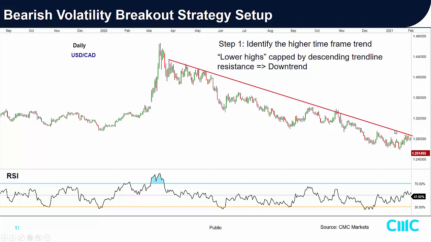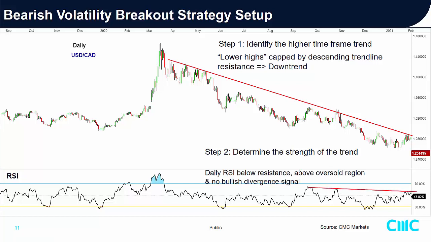Then the next key step, we ask ourselves, is this downtrend losing strength? We determine the strength of this downtrend by looking at the daily RSI, which is a gauge of its momentum. At this point in time, the RSI is still below its corresponding resistance, as drawn from this descending trend line capping the previous lower high, capping over here.